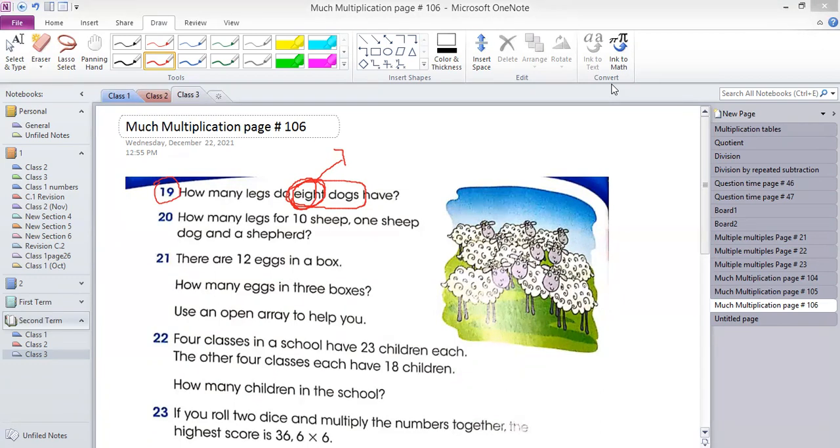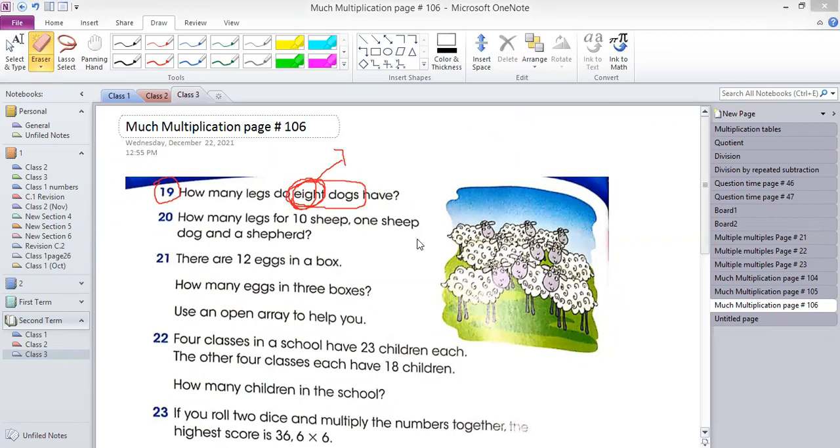How many legs will be for 8 dogs? Do you know the table? I know. You have to use the table for this, Ayman, okay?